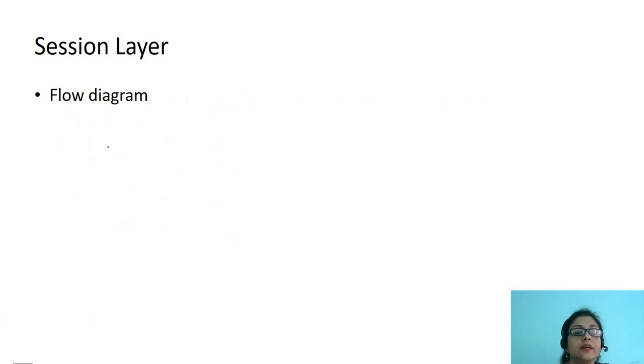Let us understand the flow diagram of the session layer. So let's say this is the sending station and we have the receiving station. From the sending station, since this is the 5th layer, we will be getting D6, actually coming from the presentation layer.